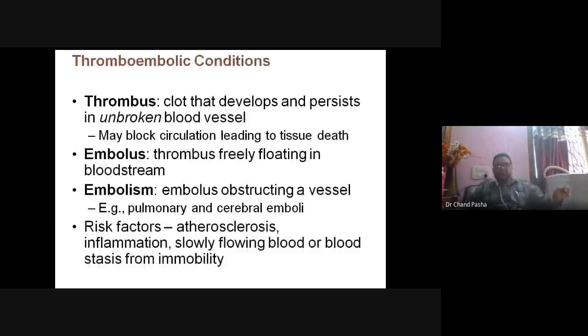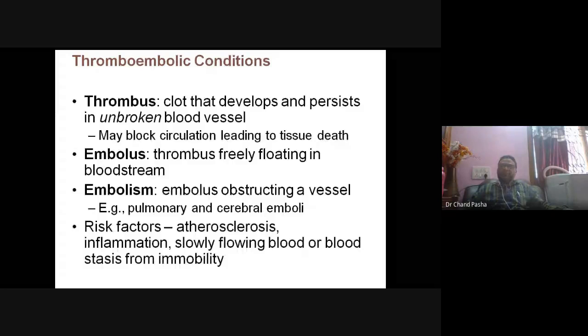That's the top two. A thrombus is a clot that develops and persists in an unbroken blood vessel. It is a blood clot which is there in the blood vessel, and this may block the circulation, leading to tissue death.